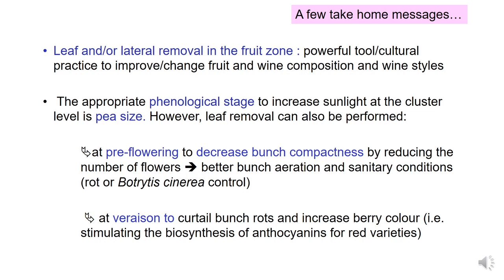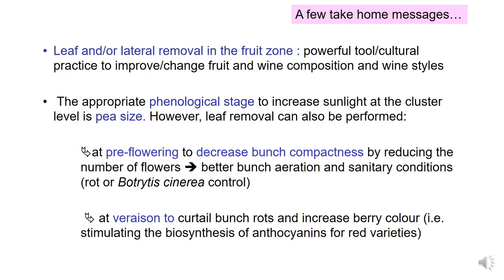So when to remove leaves, when to open the canopy? Most of the studies did show that to have an efficient effect of sunlight within the canopy, the best stage is to open the canopy at pea size, so before veraison.